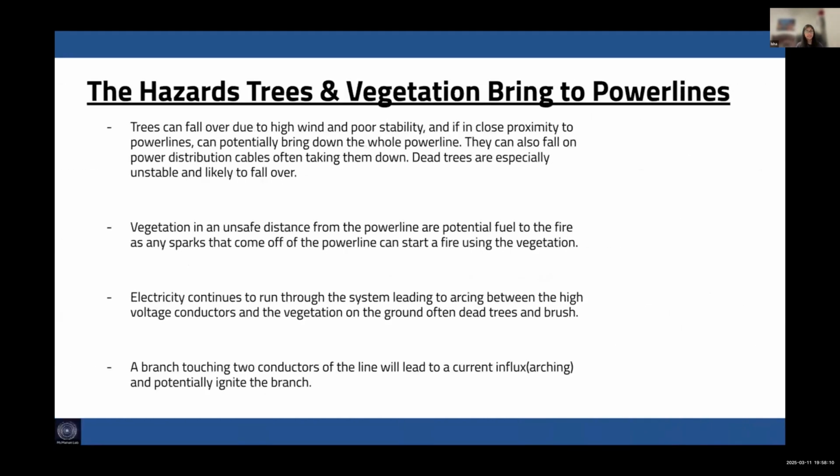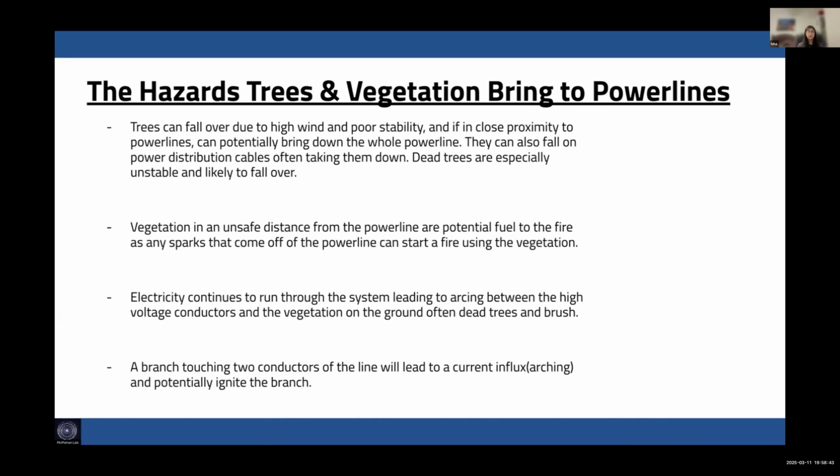So the first key risk factor is the surrounding trees, because these trees can fall over due to high wind and poor stability. We often experience the effects of such disruptions in the form of power outages or network problems caused when the trees fall and take down these power lines. However, when it comes to trees falling, this problem is twofold, because the electricity continues to flow through the line, and this leads to something which we call arcing.